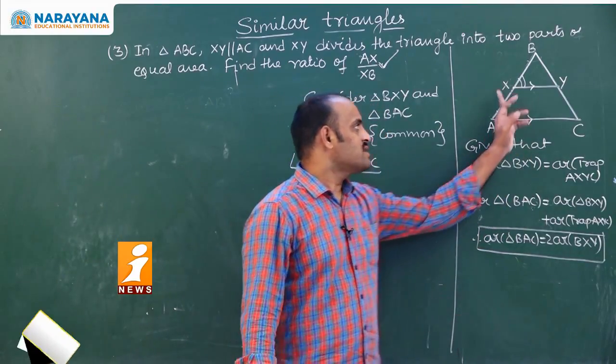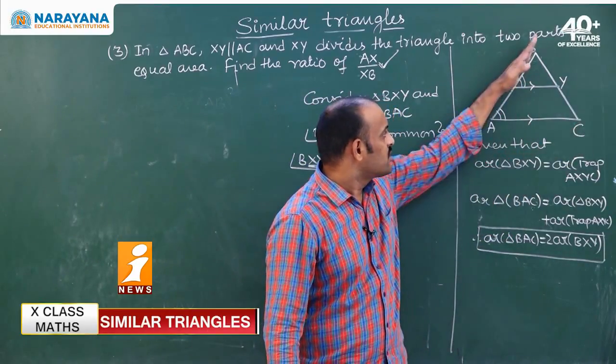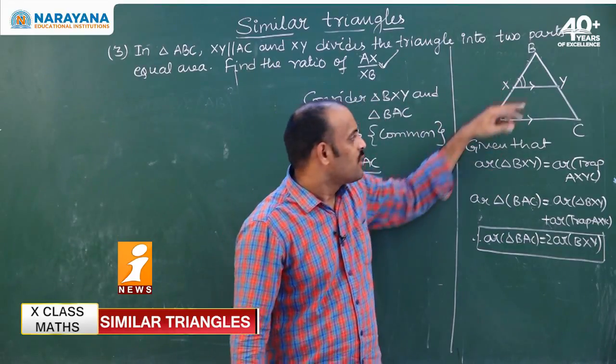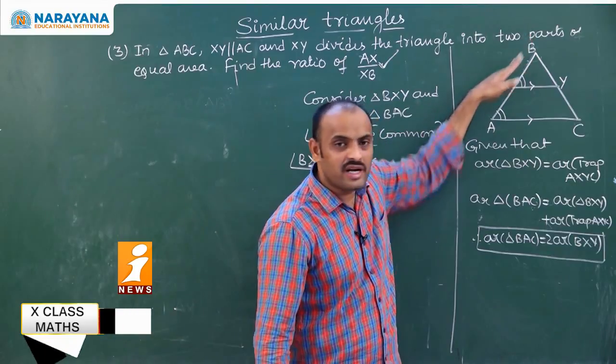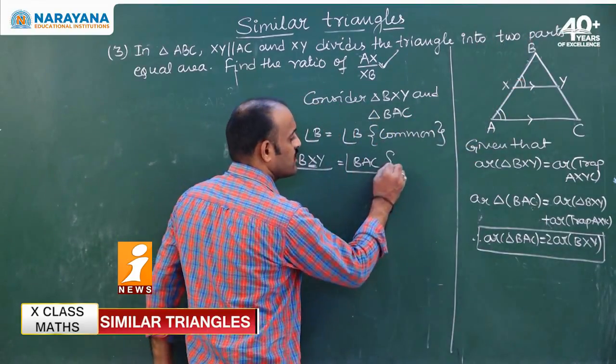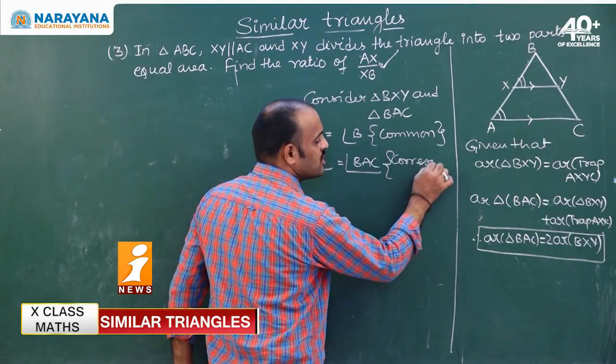Reason: as XY is parallel to AC, BA or XA acts as transversal. Parallel lines cut by a transversal, their corresponding angles are equal.